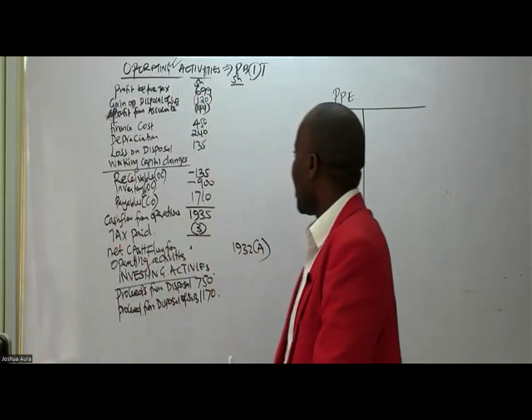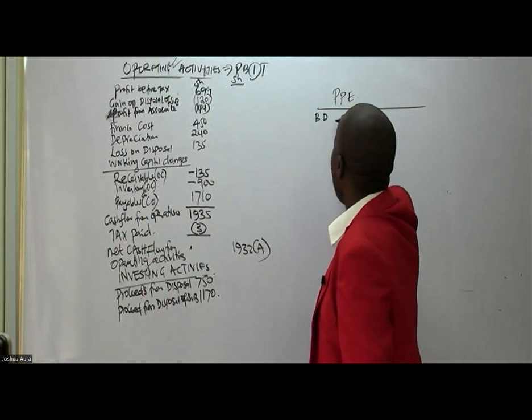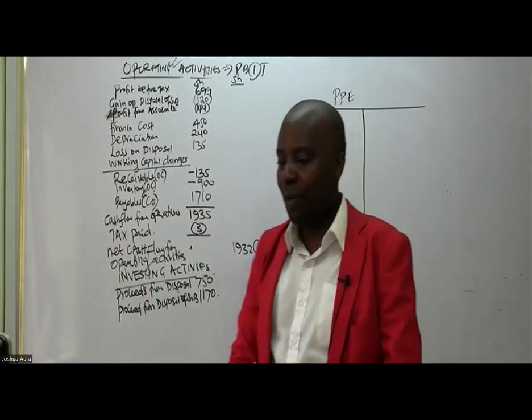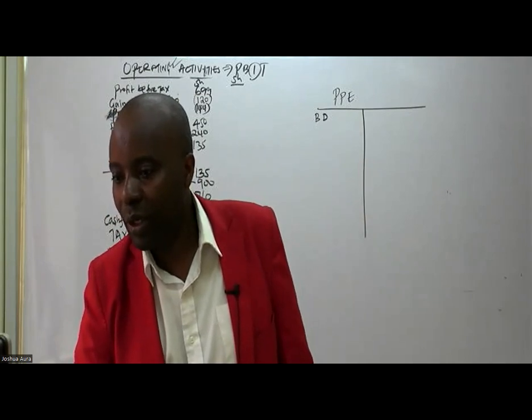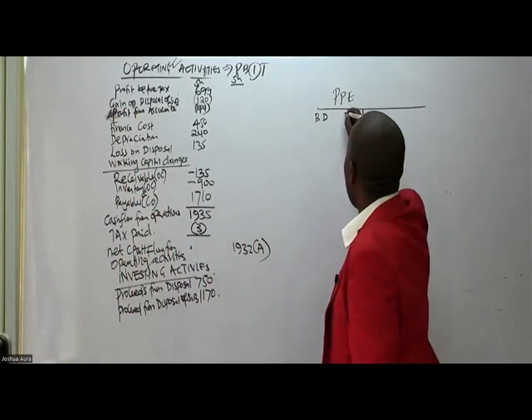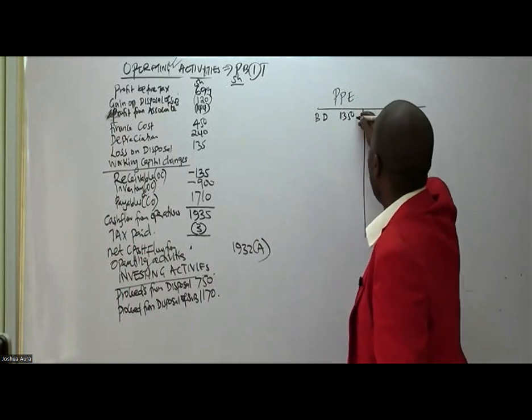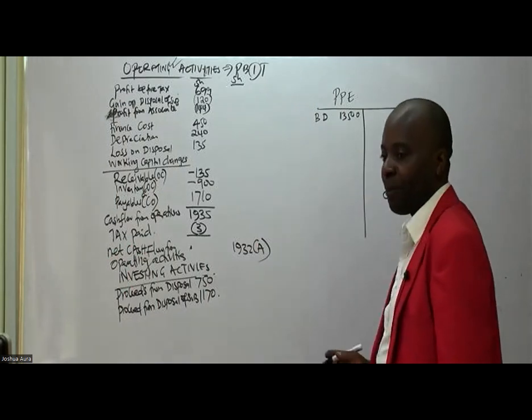It's an asset, so you have to start with a debit there. So as our brought down, we have PPE, that is 13,500, and then we have carried down is 18,000.